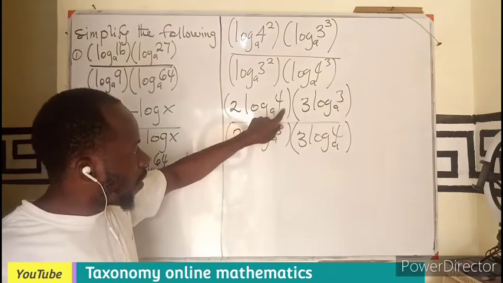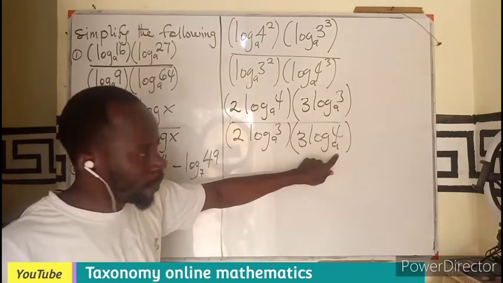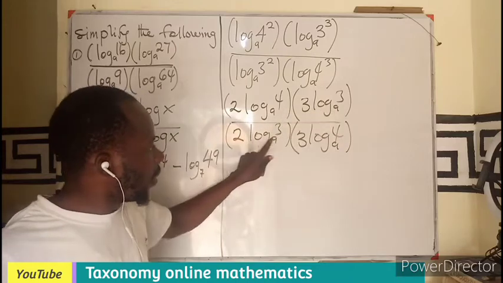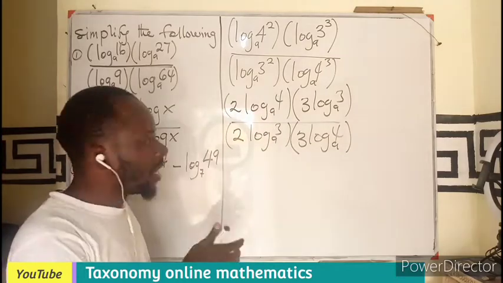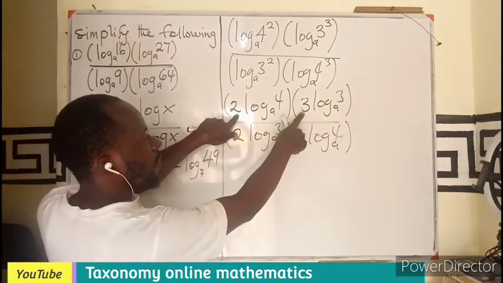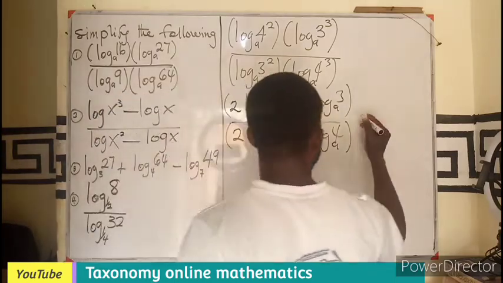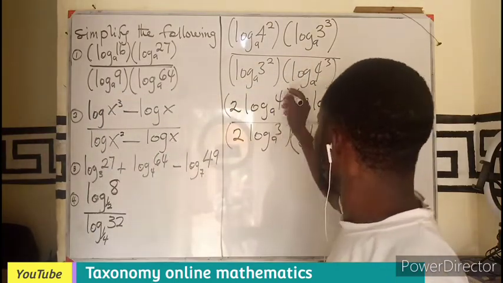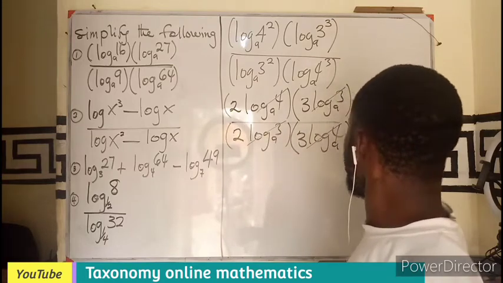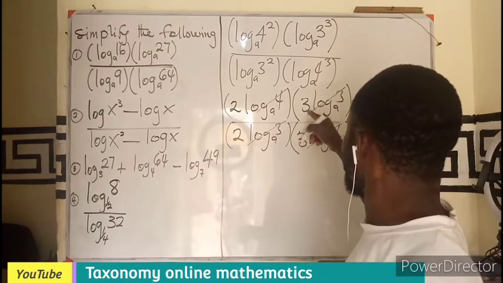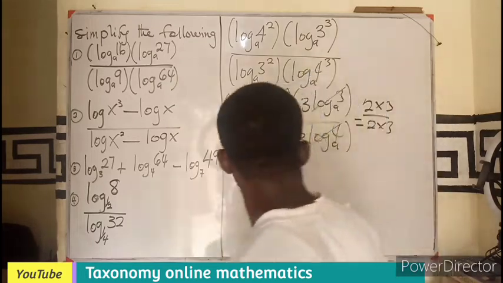We can say that log 4 base a and log 4 base a, log 3 base a and log 3 base a, we can easily cancel the logarithm out, leaving the coefficient, or the number multiplying the log. So I'll be having this cancelling this and this cancelling this, giving you only 2 times 3 over 2 times 3.